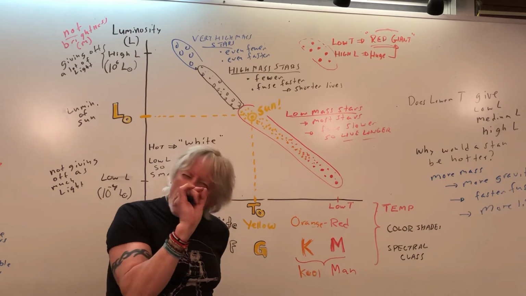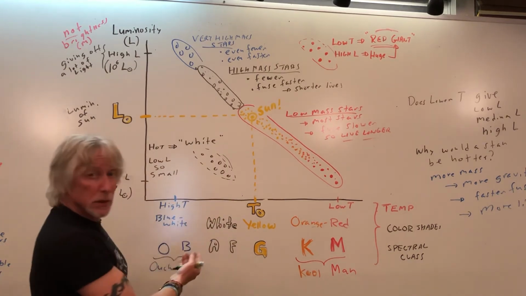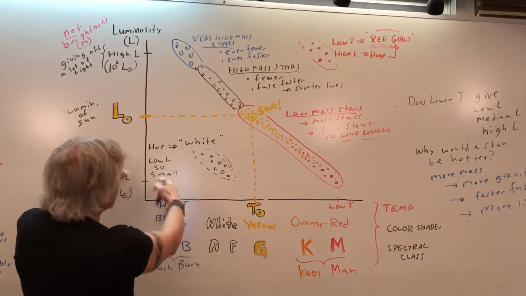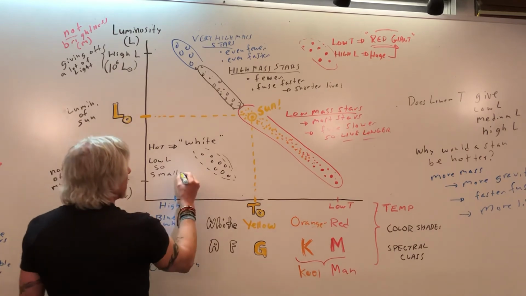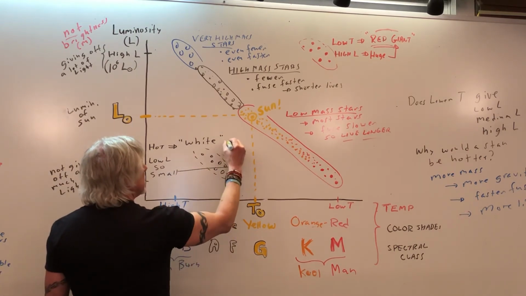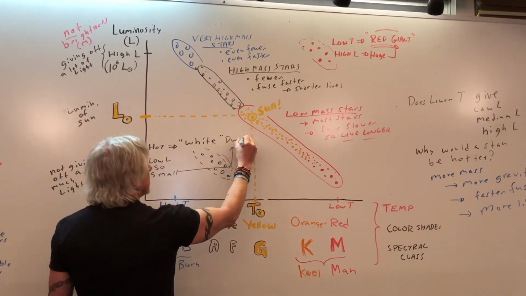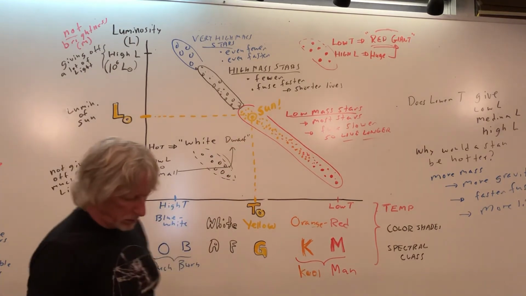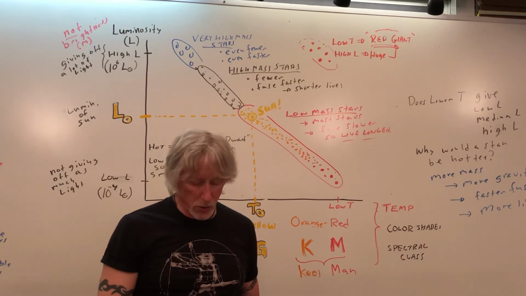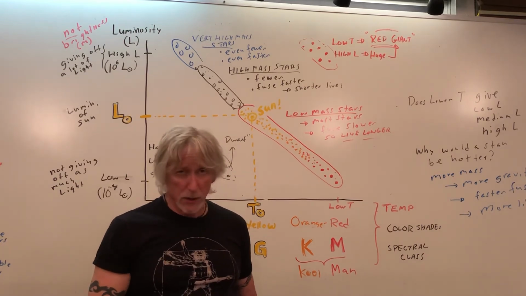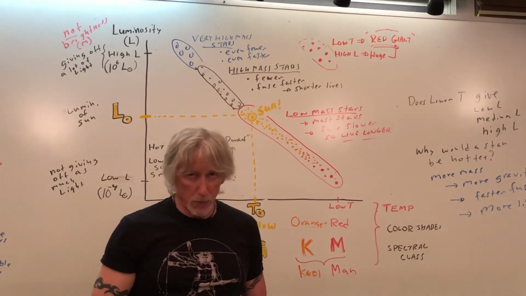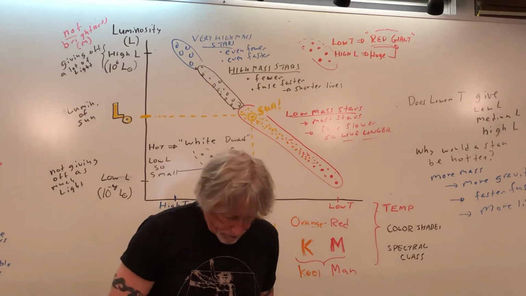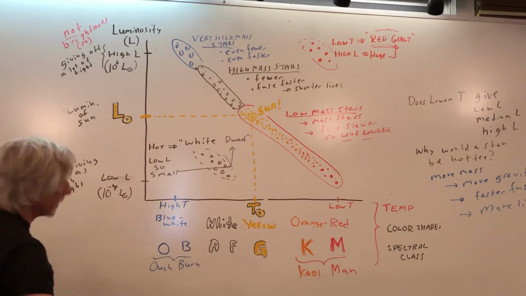So if they're small and yet white hot, it's still not going to give off much overall, and we're going to call that a white dwarf. And I'll just say it so you remember when I say it again. These aren't stars anymore, but they're often called that. Okay?